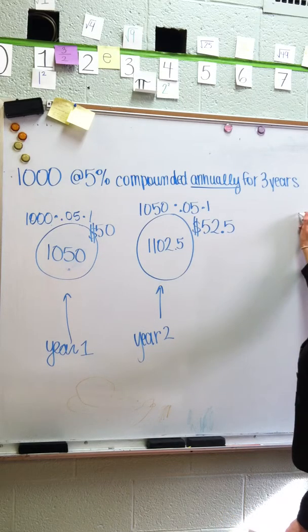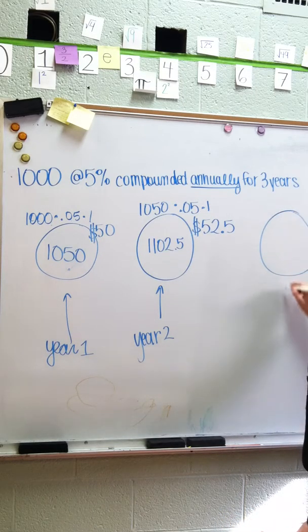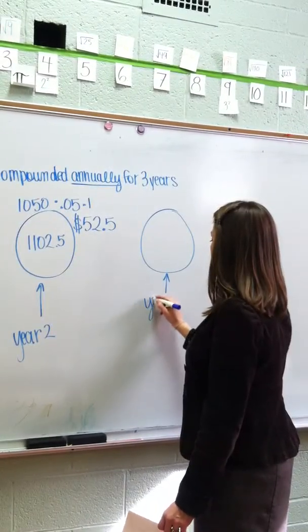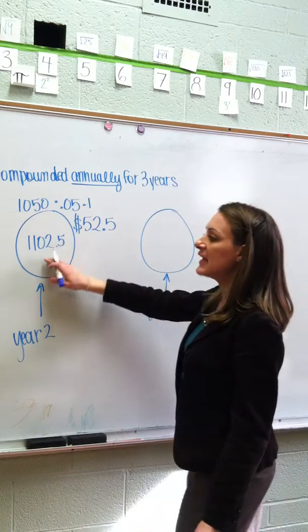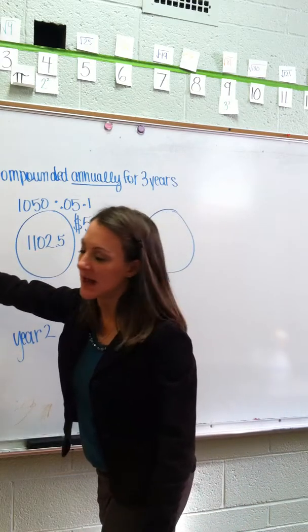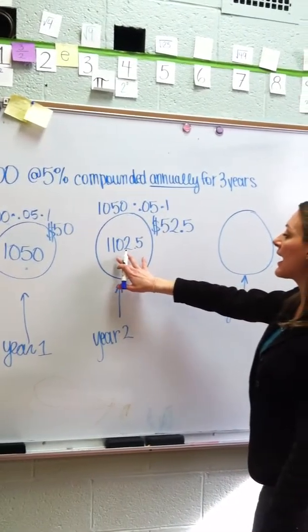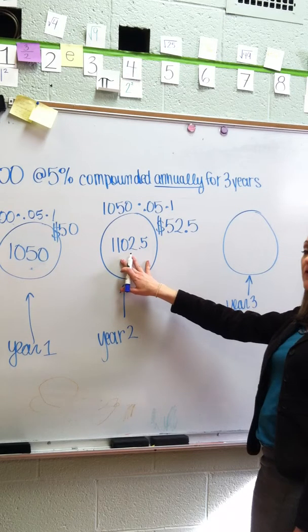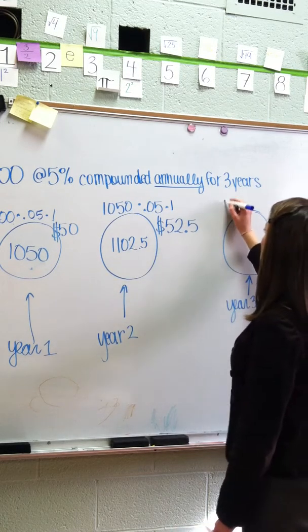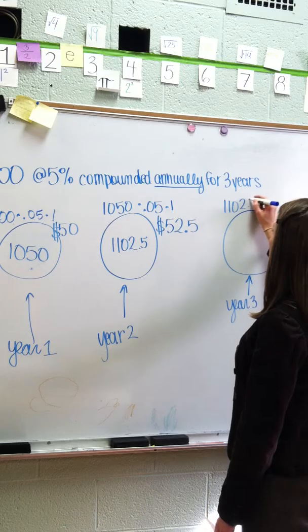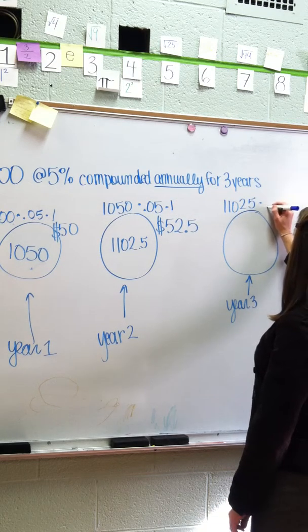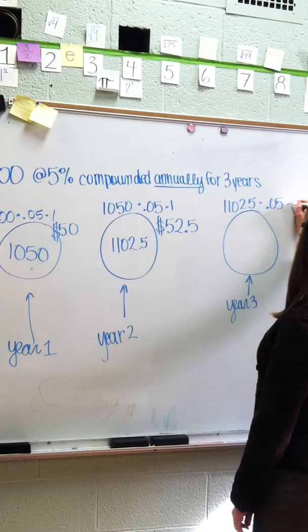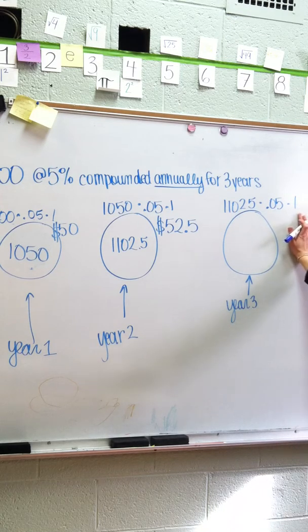All right, so then I have year 3. I have not my initial amount of 1,000. I have my end of year amount from year 2, which is 1,102.50, times my 5% interest rate times my 1 year, and this is year number 3.